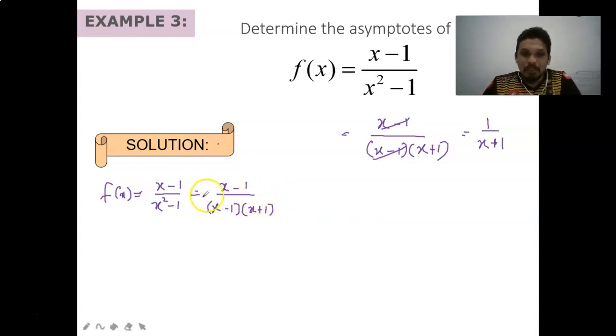So we come to a conclusion about the domain of this function: from the factors x minus 1 and x plus 1 here, x cannot be equal to plus or minus 1.